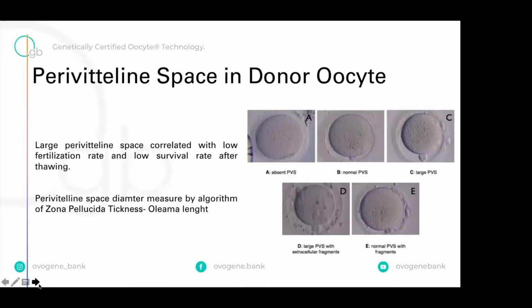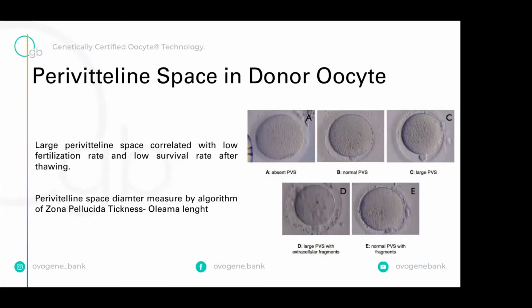If we talk about the perivitelline space, which is also important for the donor oocyte, for a quality one oocyte this is one of the criteria we take care of. A large perivitelline space correlates with a low fertilization rate and low survival rate after thawing.